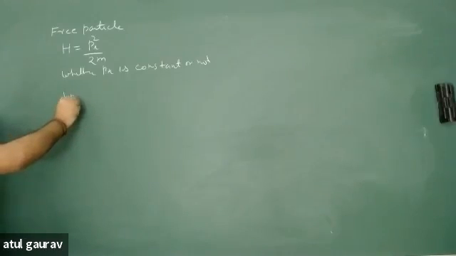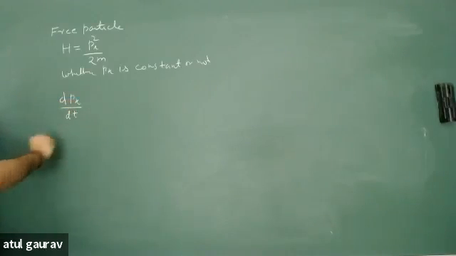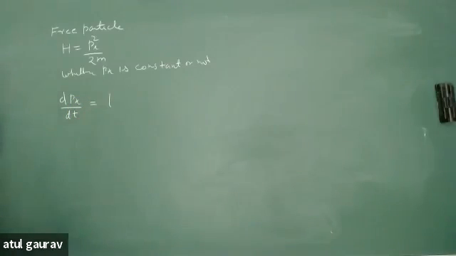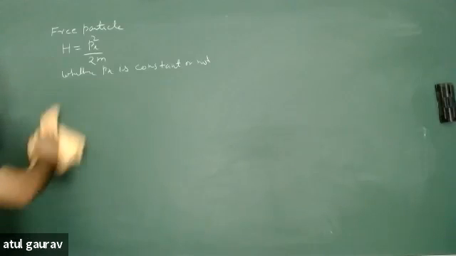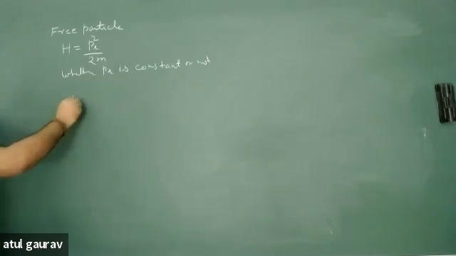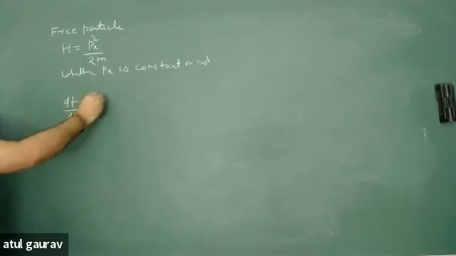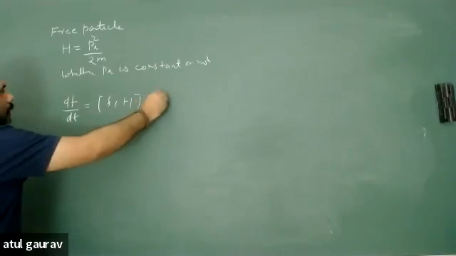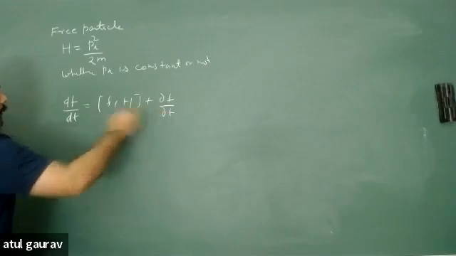What we have, dpx upon dt must be equal to, I am using this particular thing: df upon dt is equal to [f, H] plus del f upon del t.